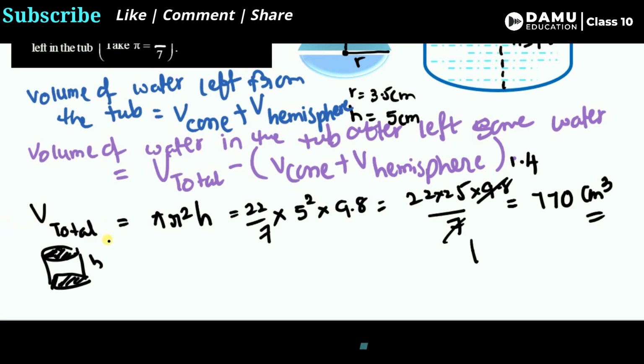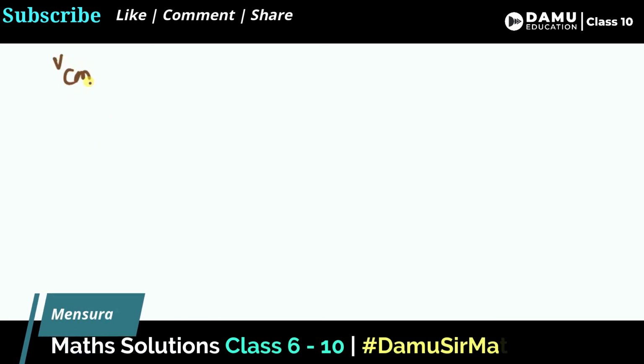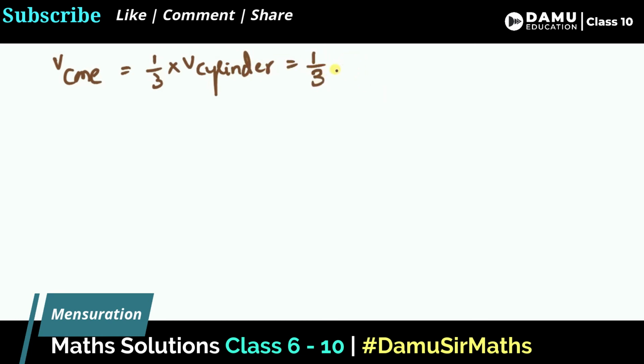The next one is the volume of the cone. Let's take the volume of the cone. The volume of a cone is 1/3 of the volume of the cylinder. So 1 by 3 pi r square h.